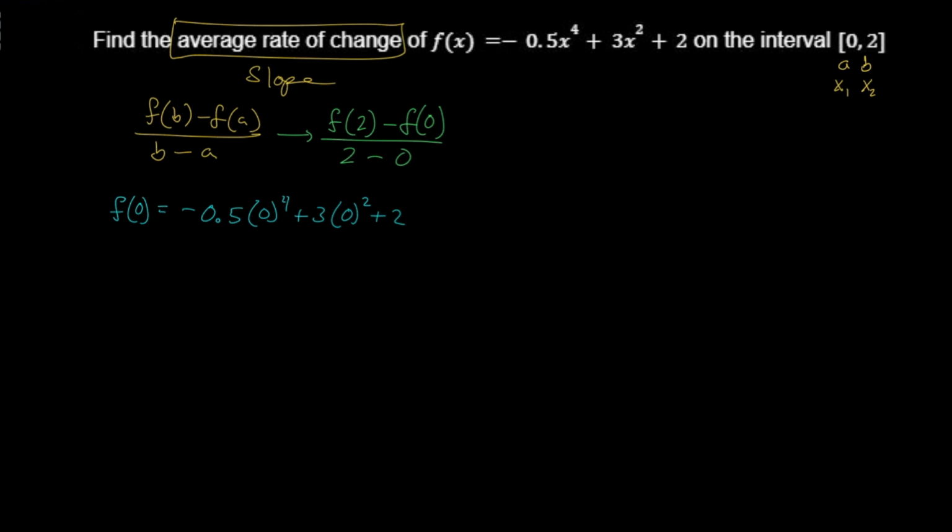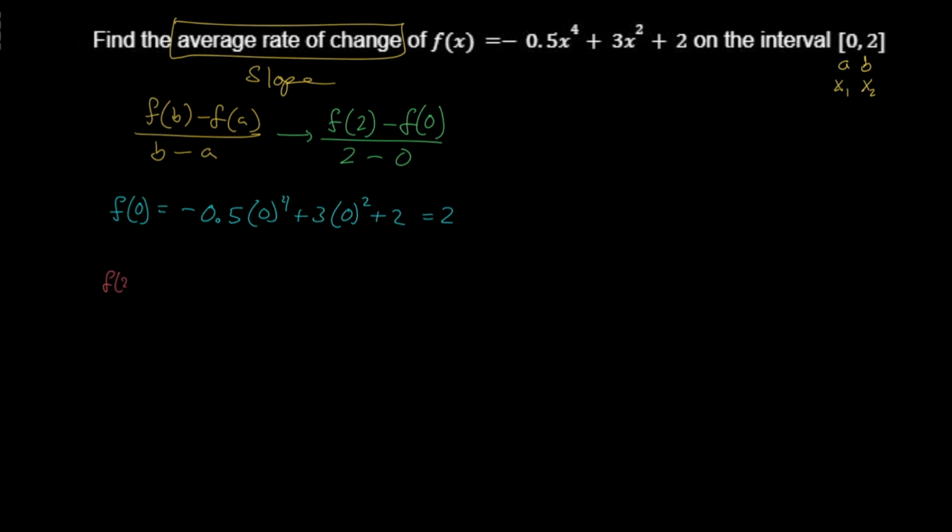Since we replaced all the x's with 0, the first two terms are going to turn into zeros, and then adding 2, we get overall 2, meaning that the y value for f of 0 is 2.